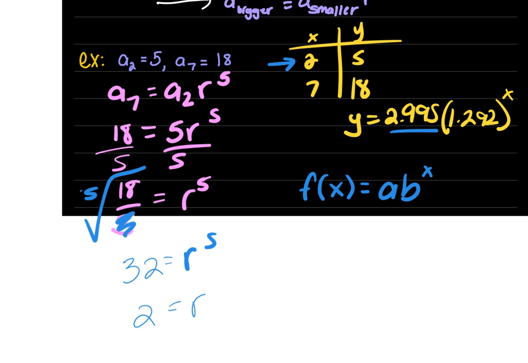So if r is 2, I would take 5, divide it by 2, that's a1. And then to get to a0, I'd have to take 5 halves, divide it by 2 or multiply by half, and it'd be 5/4. So if the instructions literally say it has to be a b to the x, then I cannot change this exponent. It has to be 0, which means this base has to be a0.